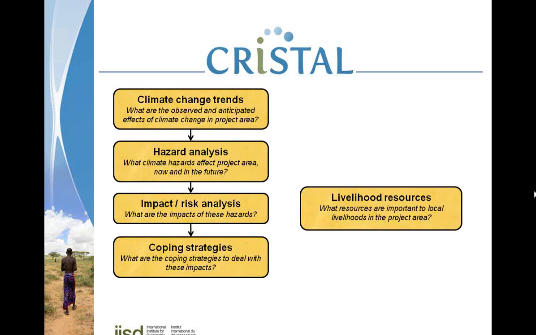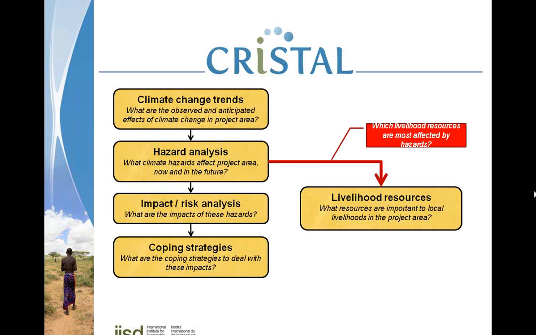In parallel, there is an analysis of the livelihood resources, looking at what resources people need to sustain their livelihood. CRiSTAL then connects the climate context with the livelihood context, first by looking at which livelihood resources are most affected by climate hazards.